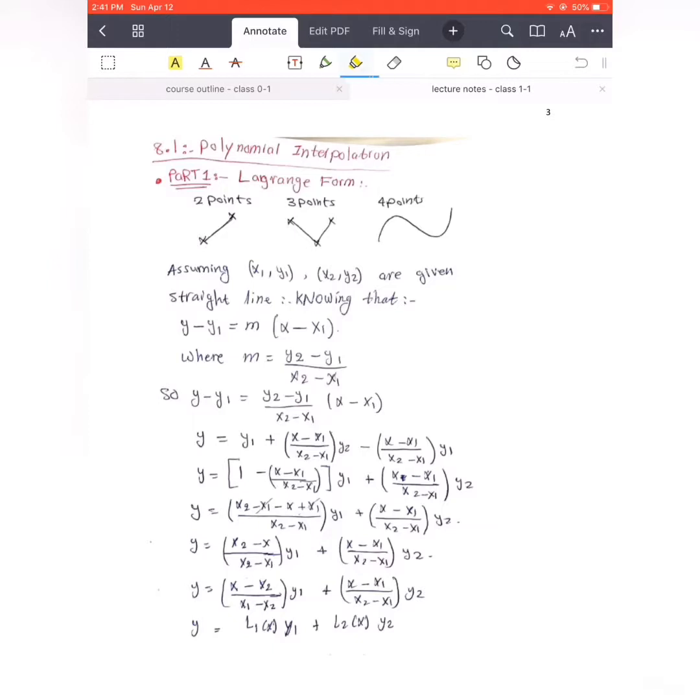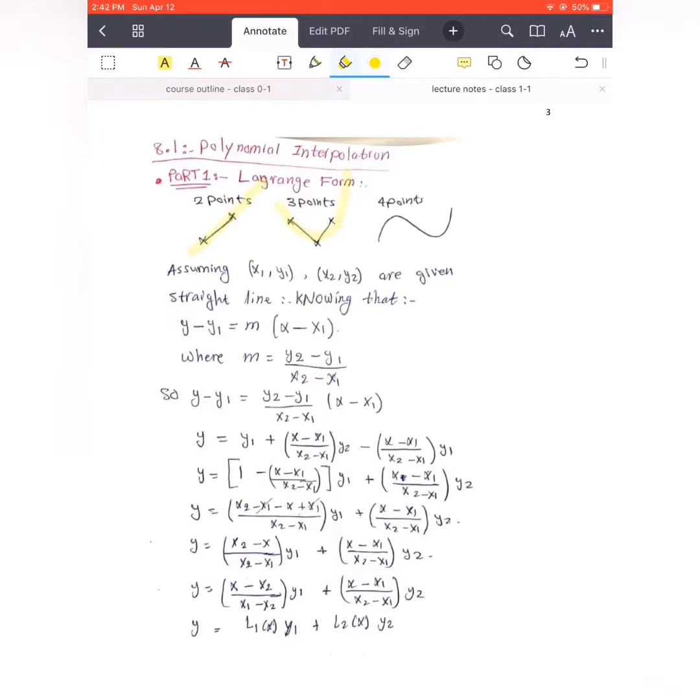Interpolation means finding a polynomial based on some given data, or given points. If you have 2 points, clearly we have only a straight line. But if you have 3 points, we can fit a parabola.